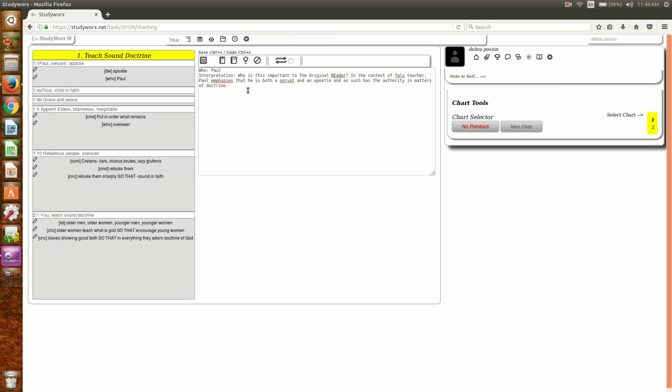Okay, now I have to fix my spelling errors. But why is it important to the original reader? Well, in the context of the false teachers, Paul emphasizes that he is both a servant and an apostle. And as such, he is the authority in matters of doctrine.